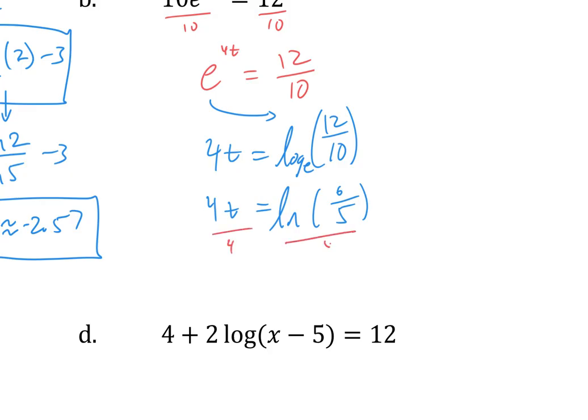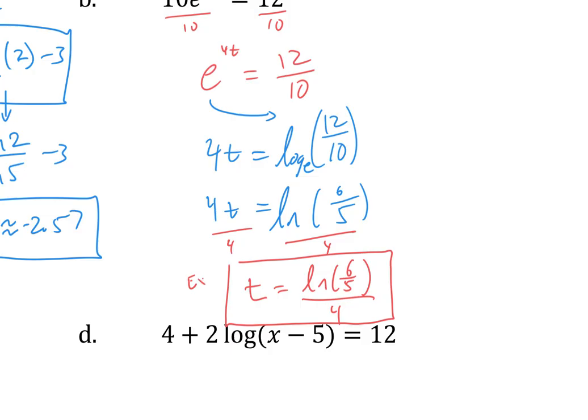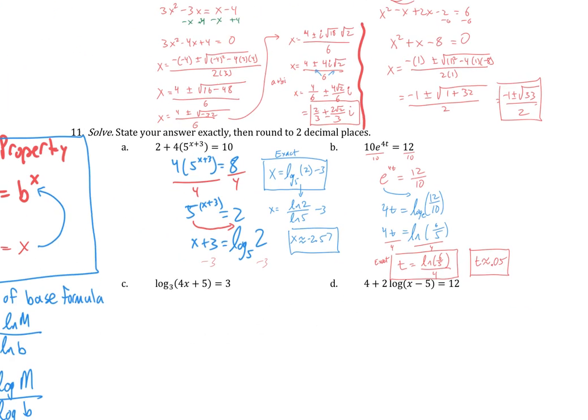Let's divide by 4. And there's our exact answer. T equals the natural log of 6/5 divided by 4. That's exact. If you punch that on your calculator, you'll get about 0.05.